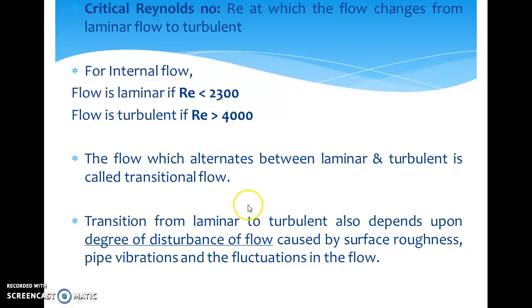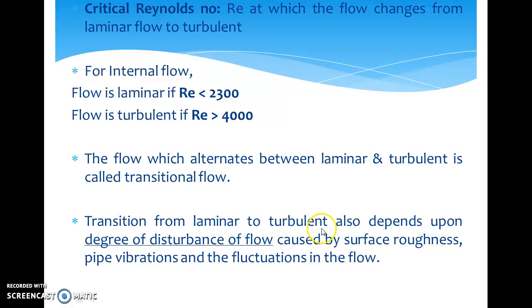If the Reynolds number is greater than 2300 but closer to 2300, the flow can switch to laminar, and if there is any slight disturbance, the flow can switch to turbulent. So that is the transitional flow.